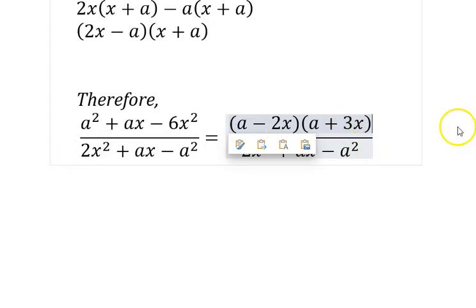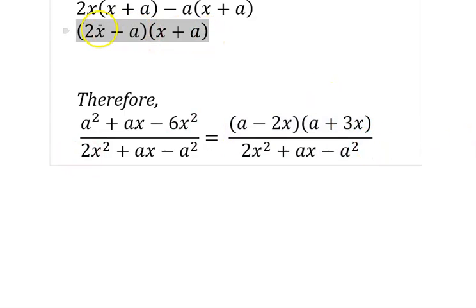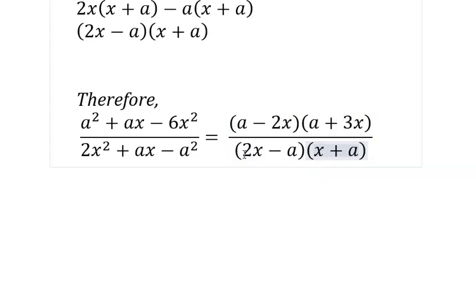Then we know our denominator to be this. We've been able to factorize this out to be, awesome. So what we have up here is still the same thing as what we have here, and what we have down here is still the same thing as what we have here, because we've been able to factorize it out. That is a minus 2x, open and close bracket, a plus 3x. That's for the numerator. Then for the denominator, 2x minus a, open bracket and close, x plus a.